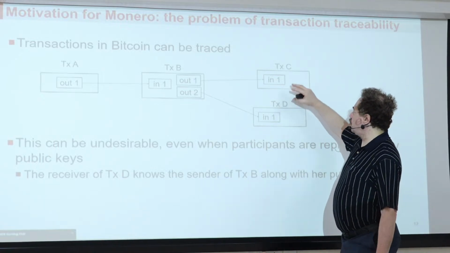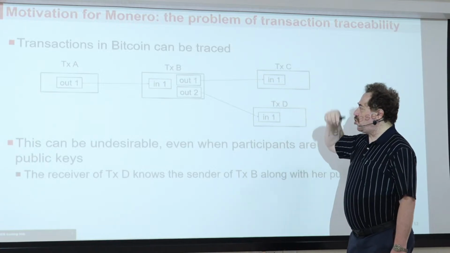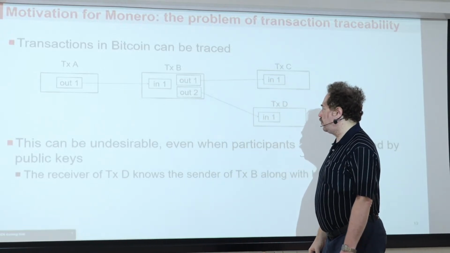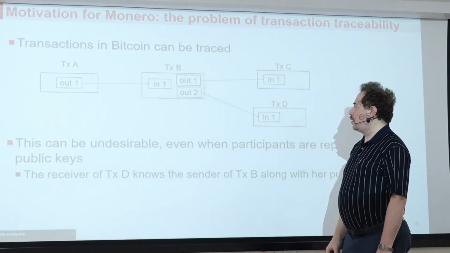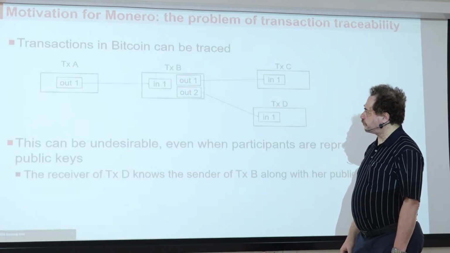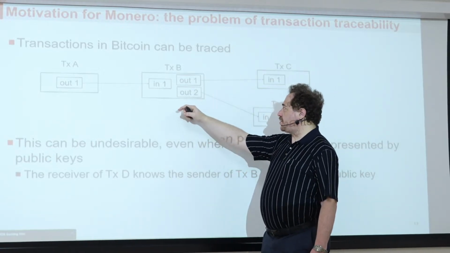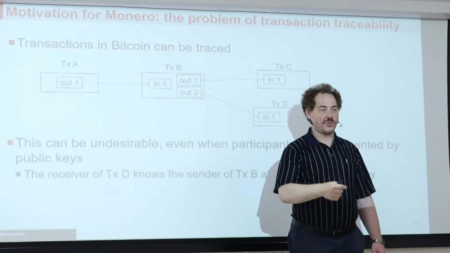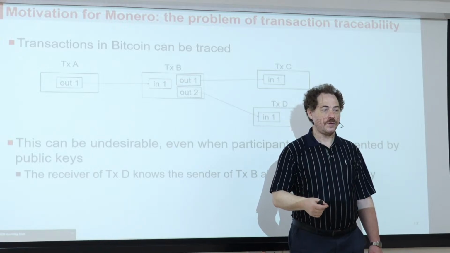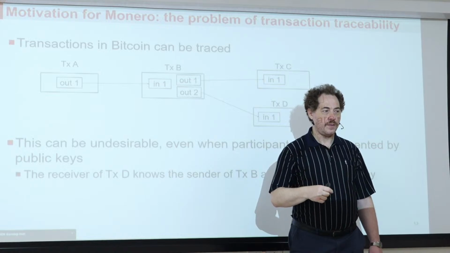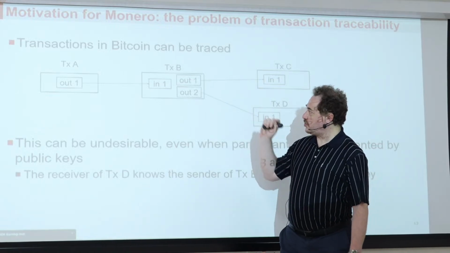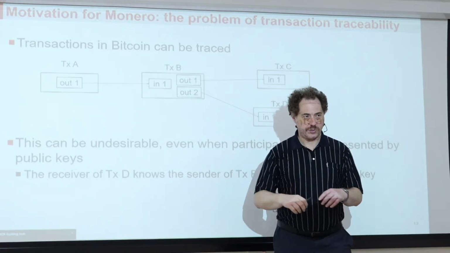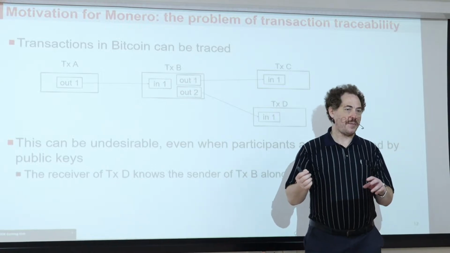And therefore, two different senders can collude and learn more about the entity, the sender of transaction B. Another example: if the transaction is very large, meaning it has a lot of inputs and a lot of outputs, then most likely this transaction belongs to some bulk user, not an individual user, perhaps a crypto exchange.